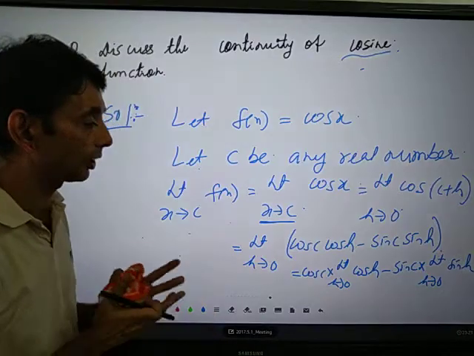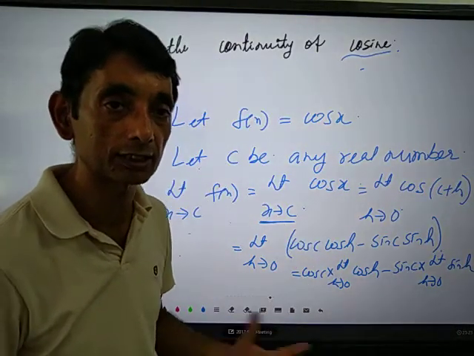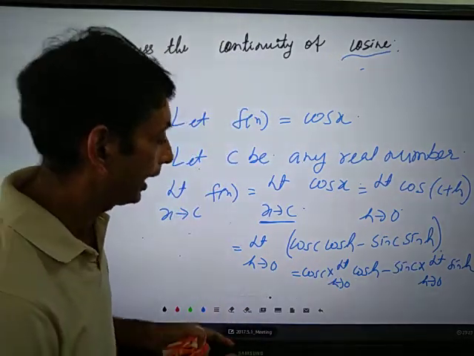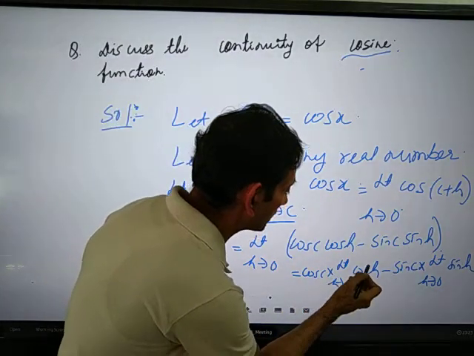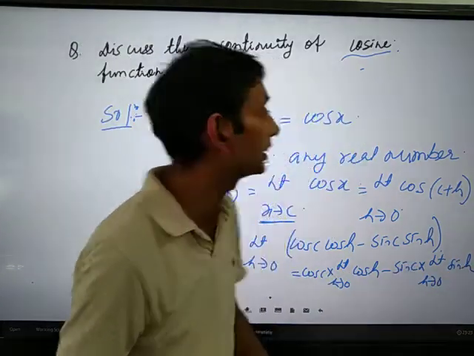From this we have two important concepts that you have already learned. See, limit h approaches 0, what is the value of cos h? And limit h approaches 0, what is the value of sin h?